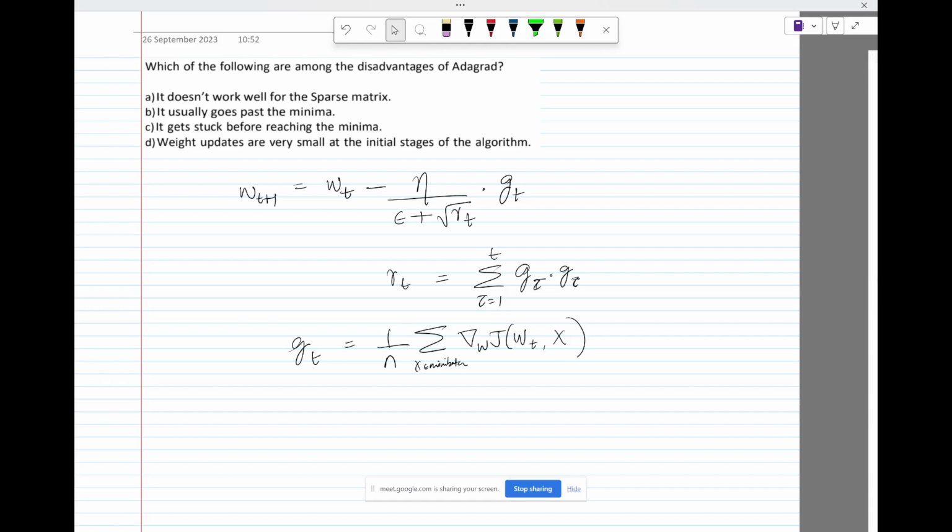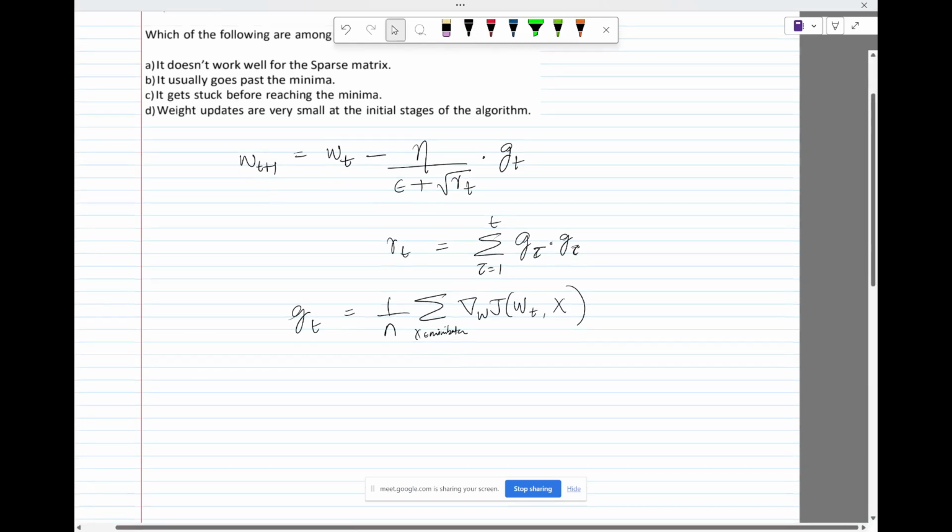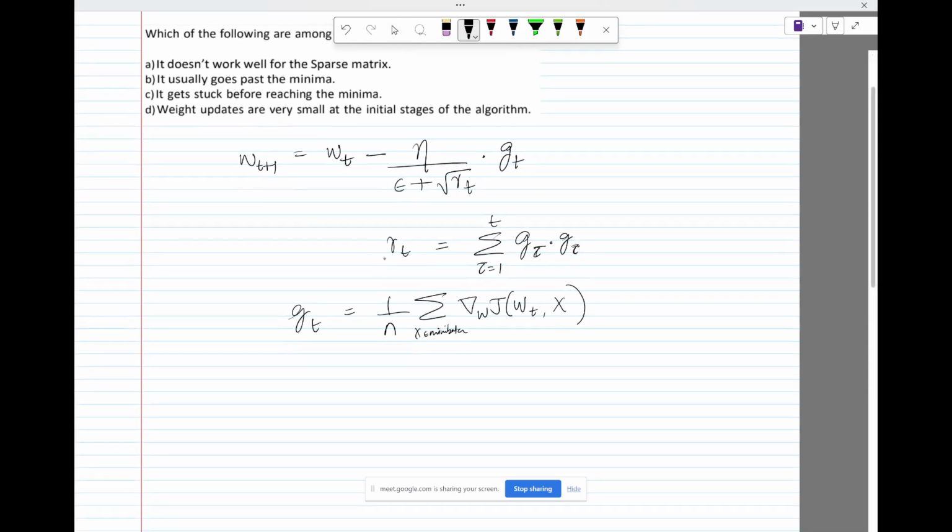So what is happening in this Adagrad algorithm is as your number of iterations increase, you compute the square of the gradient for the given parameter, like you sum till the current time t. So this will be a vector if you consider w as a vector.